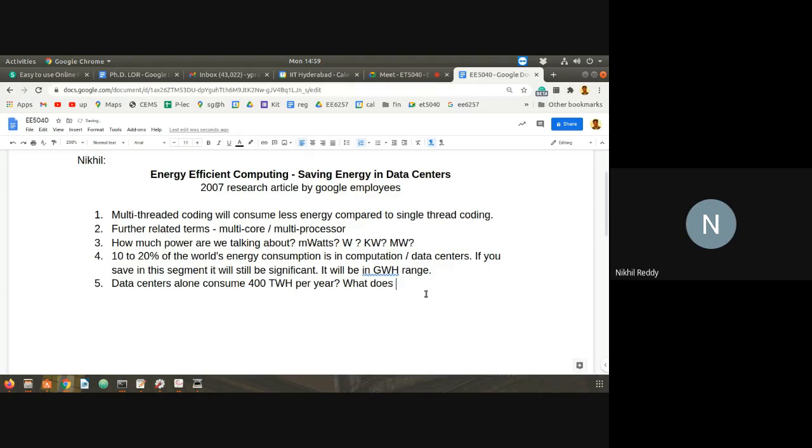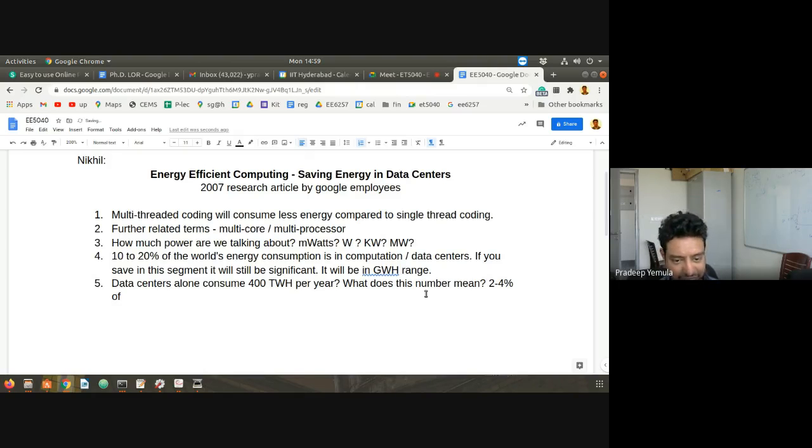I'm not sure if it helps, but the estimate is this is like 2 to 4% of the world's global energy consumption. But doesn't it contradict the earlier point of 10 to 20%?